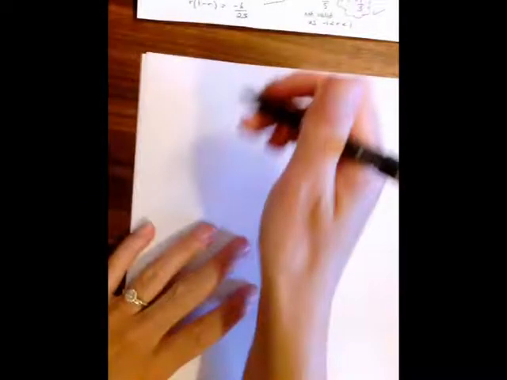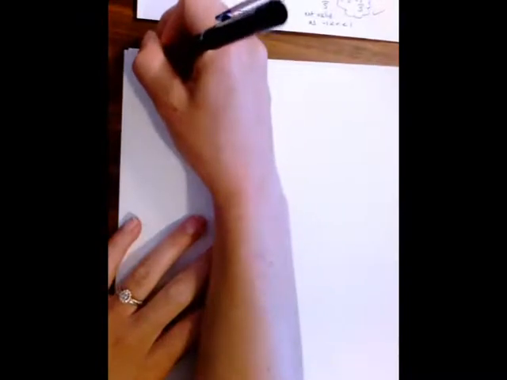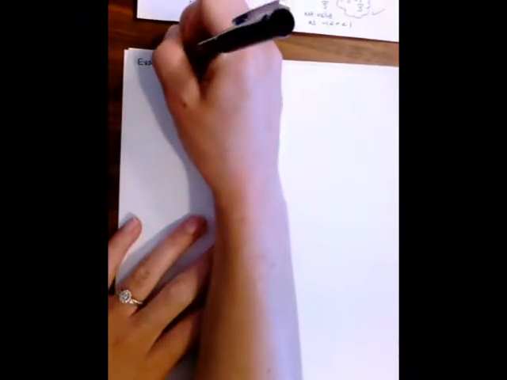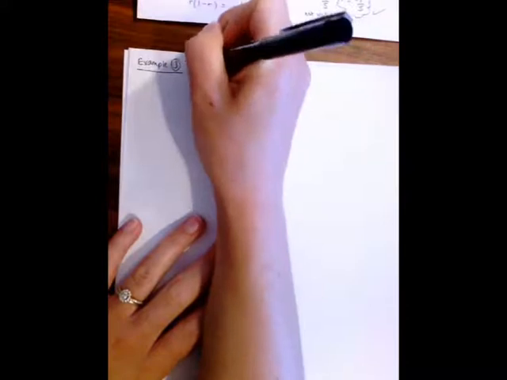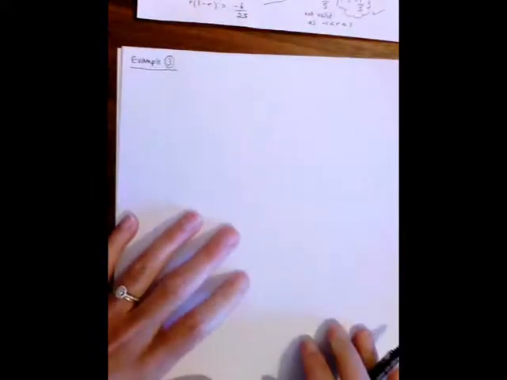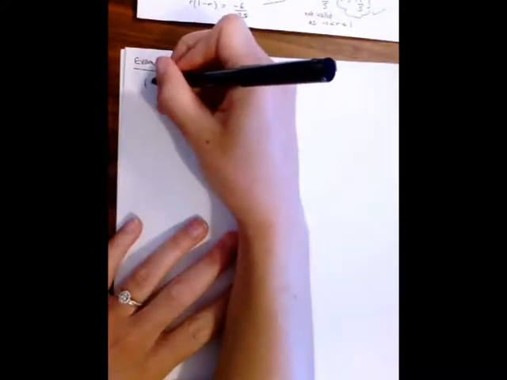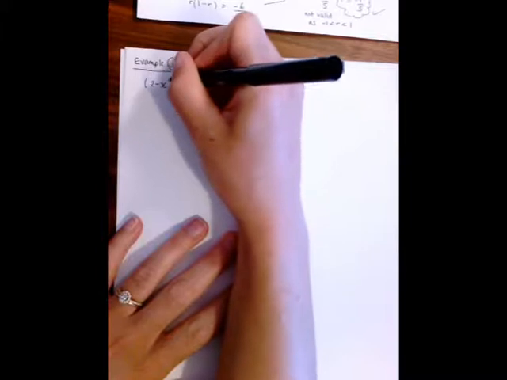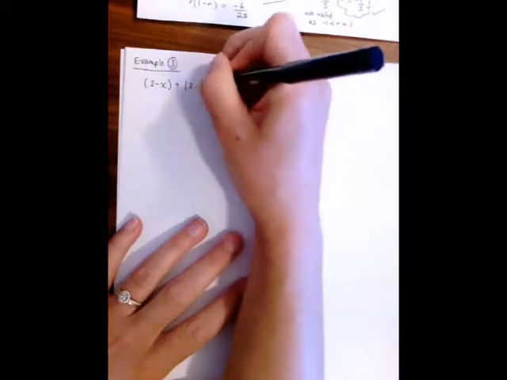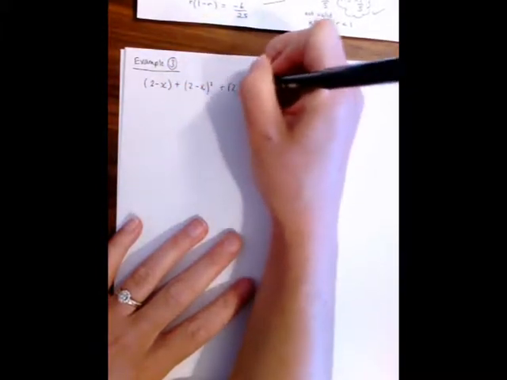Okay, final one, example 3. For this one, it says we've got a geometric series which goes like this. So 2 take away x, add (2 take away x) squared, plus (2 take away x) cubed, and it carries on like this.